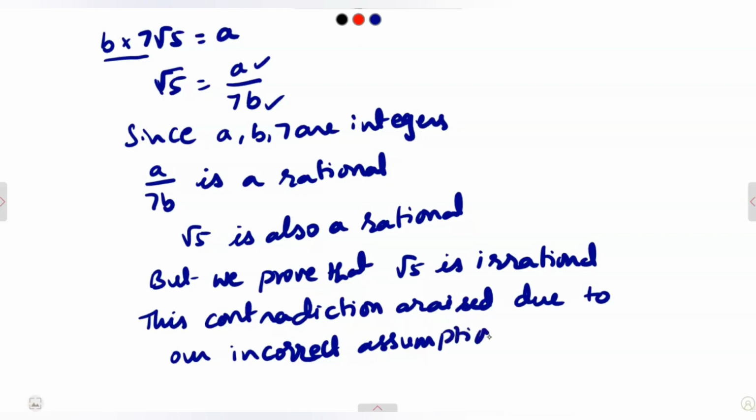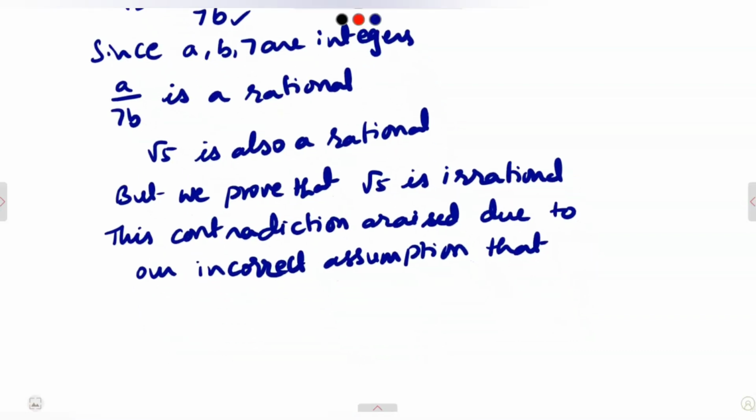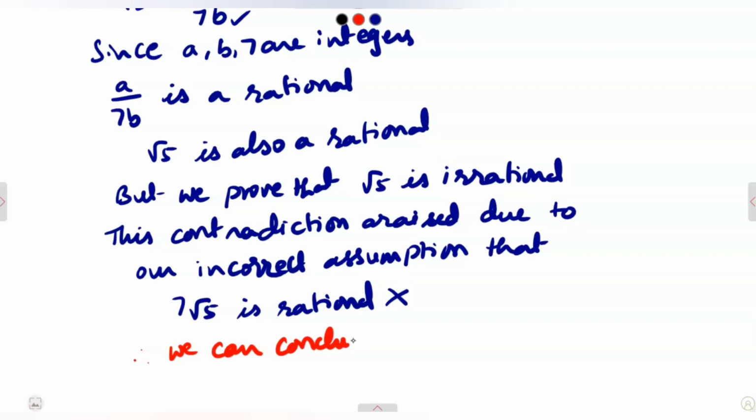What is that assumption we started? We started with 7 root 5 is rational, we thought. But this is a wrong statement. So therefore we can conclude that 7 root 5 is irrational.